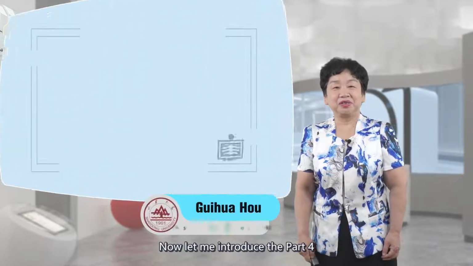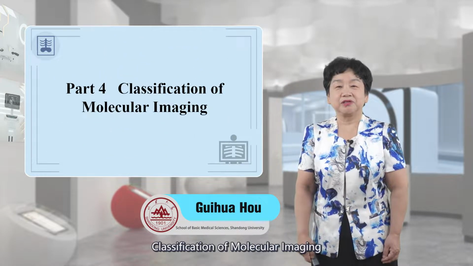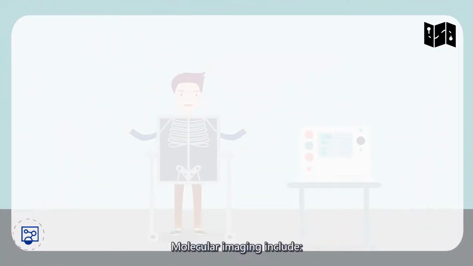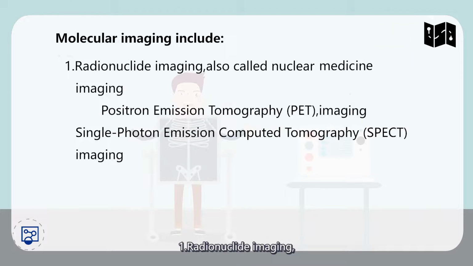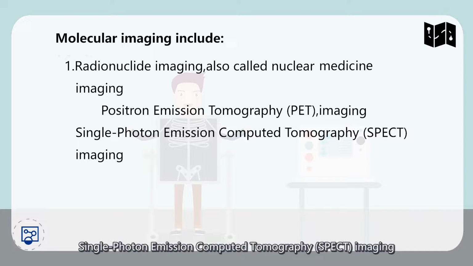Now, let me introduce part 4, classification of molecular imaging. Classification of molecular imaging includes radionuclide imaging, sometimes we call nuclear medicine imaging. They use positron emission tomography, we call PET imaging, and single photon emission computed tomography, we call SPECT imaging.